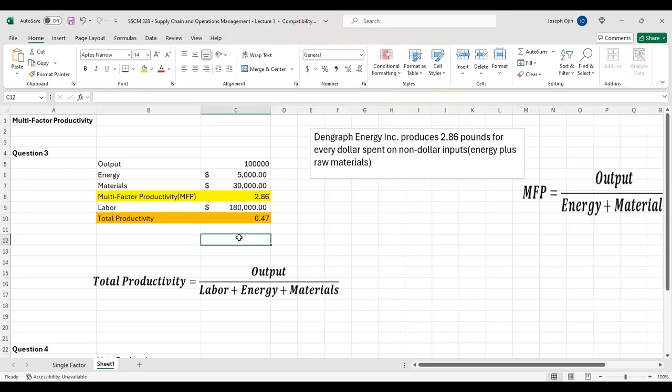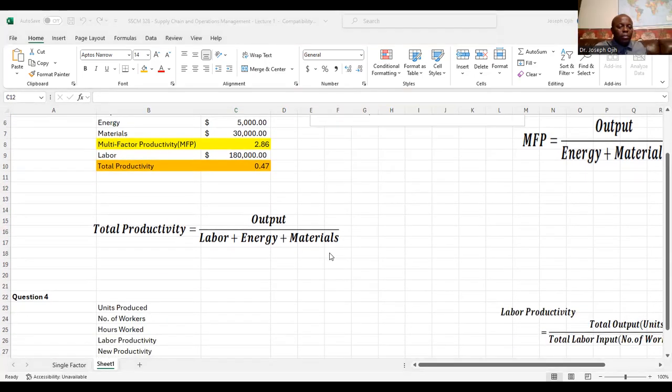It means that Dengrab Energy Incorporated produces 0.47 pounds of whatever they produce for every dollar spent on all inputs. That's what it means. So you can see it's not that difficult to calculate multi-factor productivity and labor productivity.